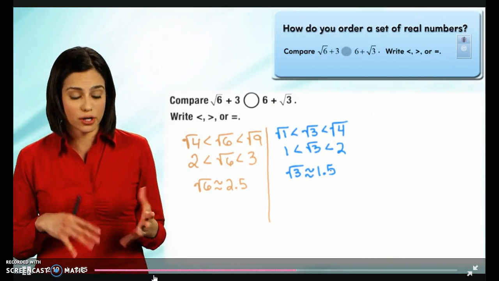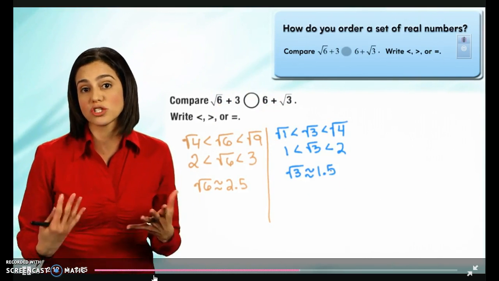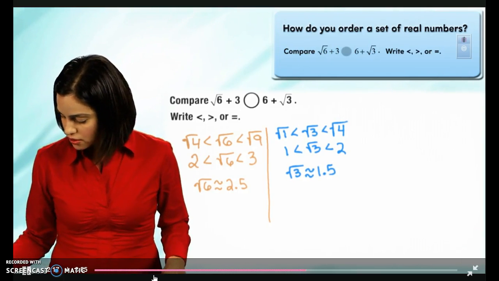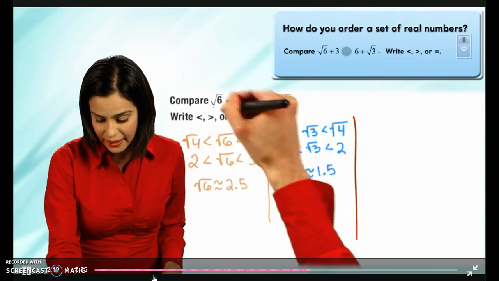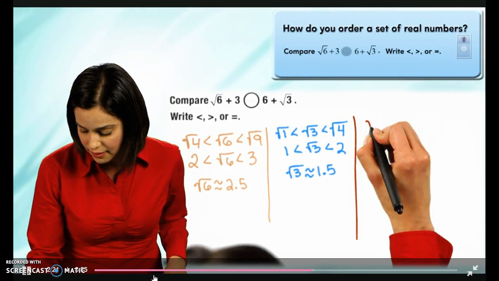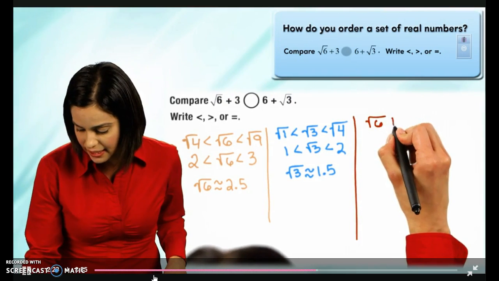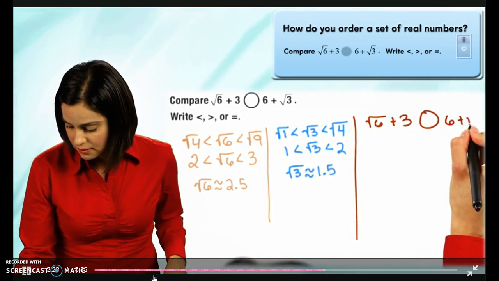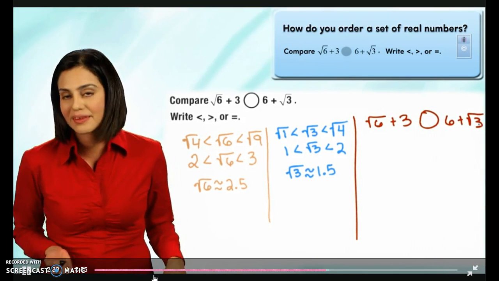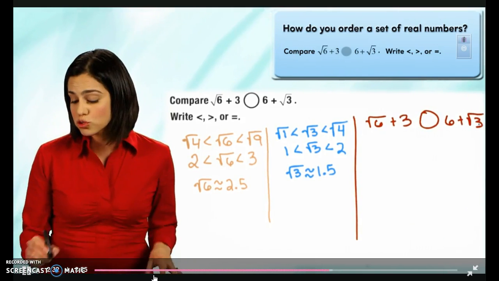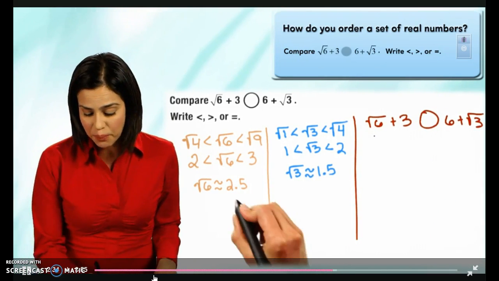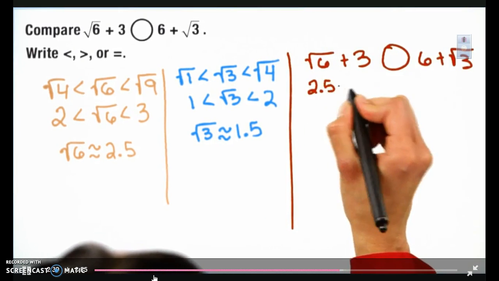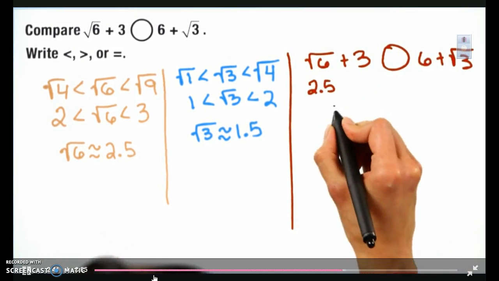Now we're ready to look at the two expressions we're trying to compare, which we have right here, and I'm just going to write them on the right side. Okay, we already know square root of 6 is approximately 2 and 5/10. So we're going to replace that square root of 6 with 2 and 5/10.